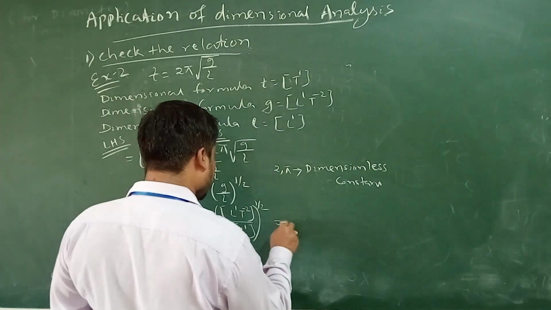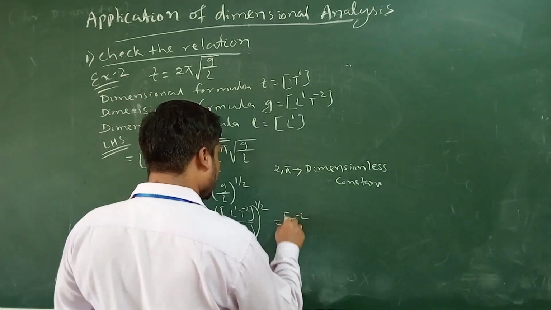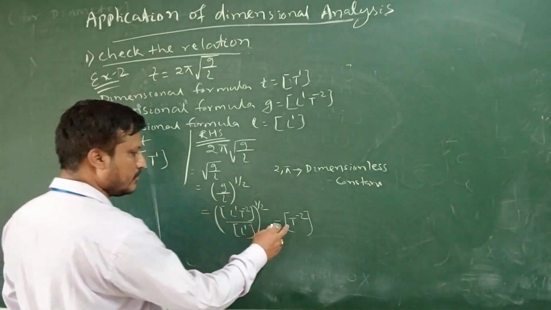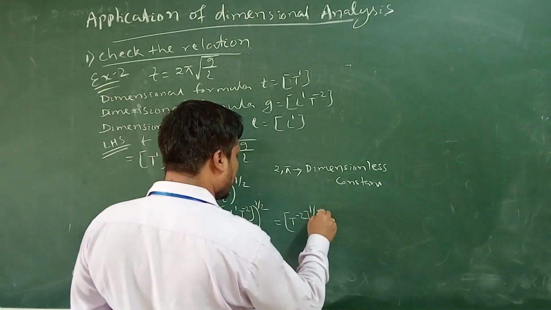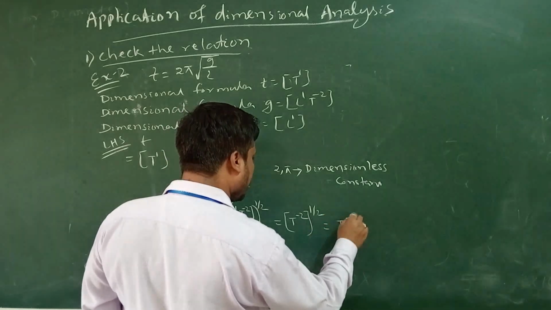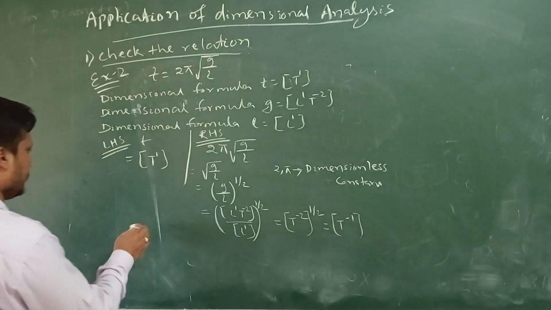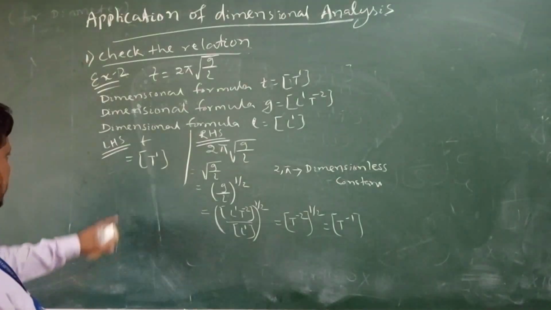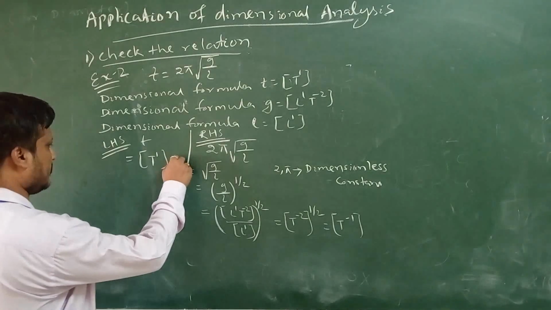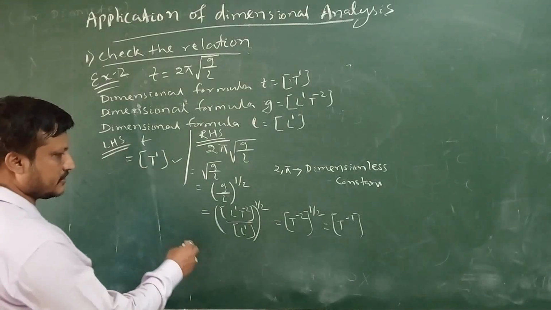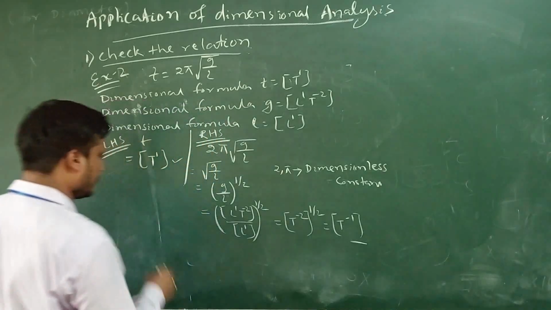So what is the answer? The L's will cancel each other, and T to the power minus 2 to the power half equals T to the power minus 1. So here we see that in the case of LHS we find the dimensional formula of T is T to the power 1, but in RHS it is minus 1.